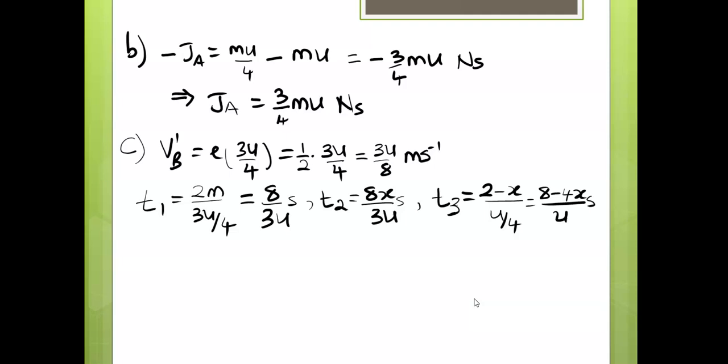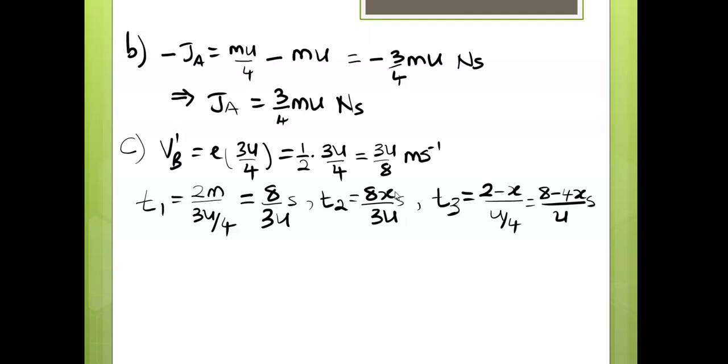Equally, after impact with the wall, we have V prime B, which is 3U over 8 meters per second. When it approaches the wall, the distance covered is a certain distance, x. So we have x divided by 3U over 8, which is 8x over 3U seconds.